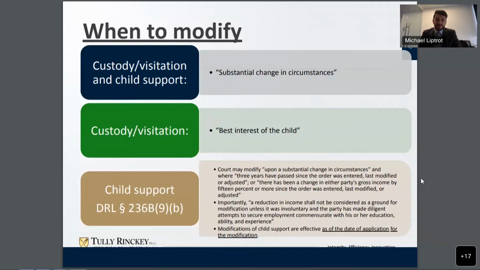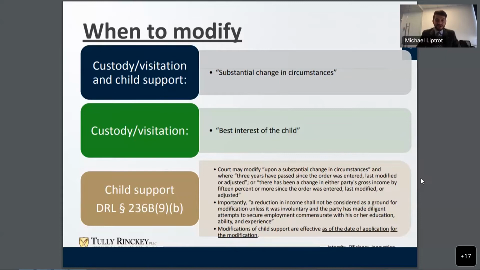And then one important note for people who maybe experienced a job loss or reduced income, maybe even so significant that it's a 15% change. If you come to court, you better be ready to show some proof that your lower income was due to no fault of your own.